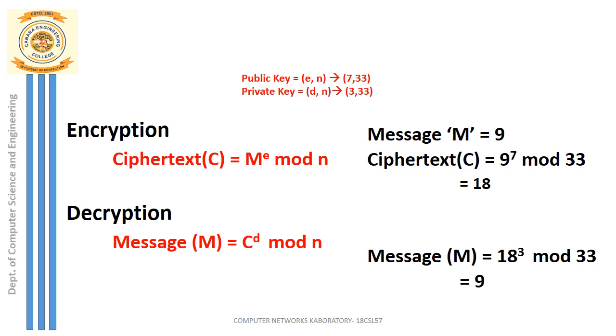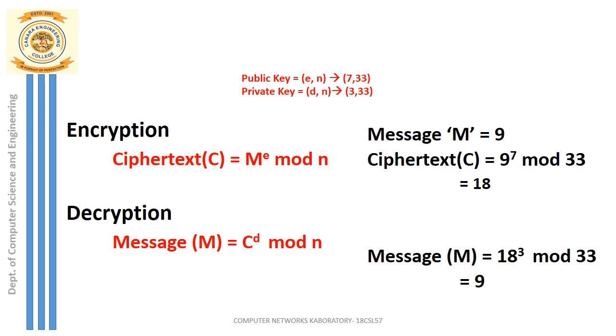We have found the public key and private key. Now we will see how we can perform encryption and decryption. If you consider a message M, we can find a ciphertext C at the sender using the encryption process.